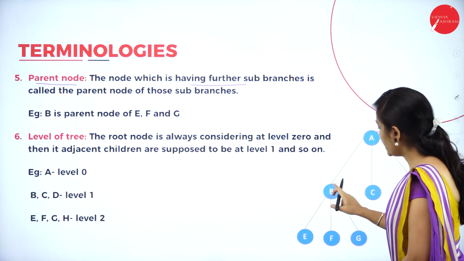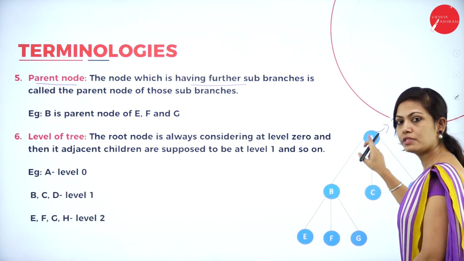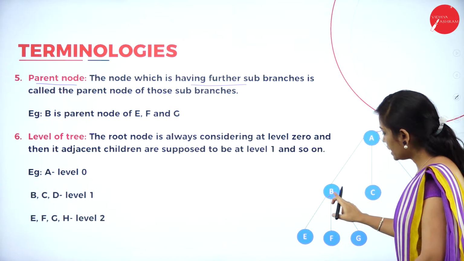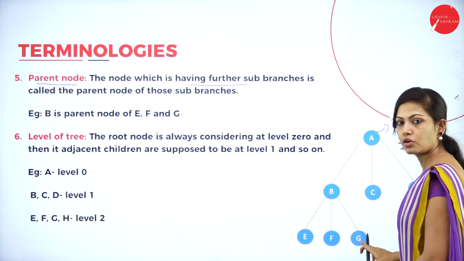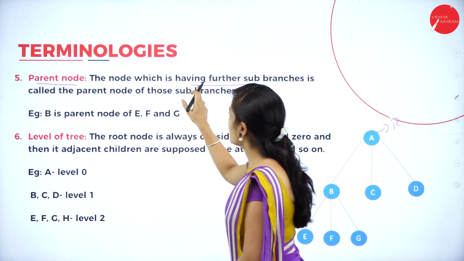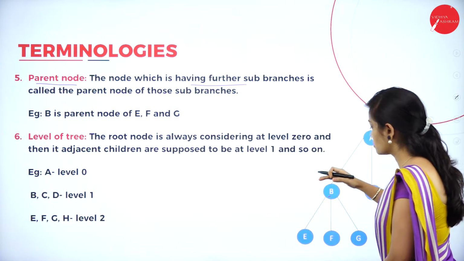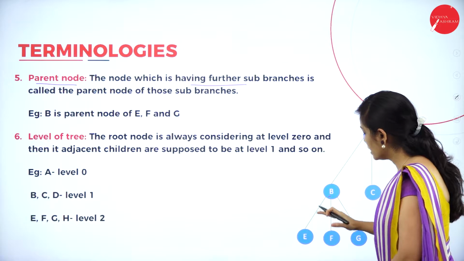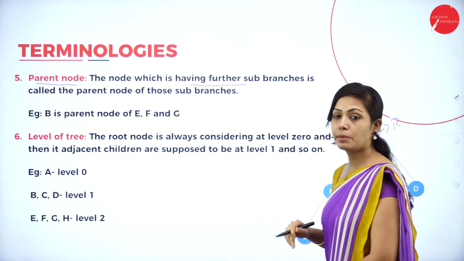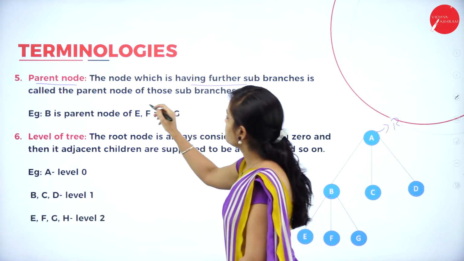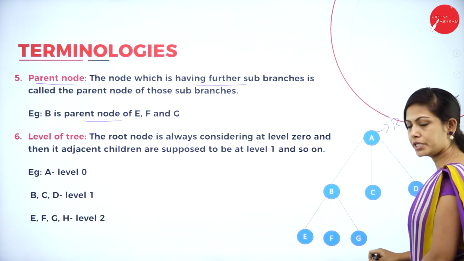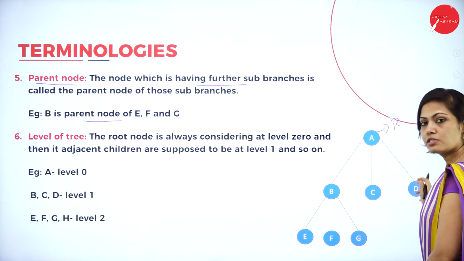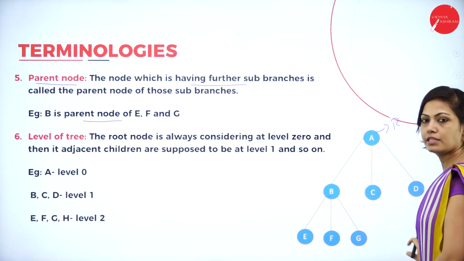And B is a child of A. And B is a parent of nodes E, F and G. Got it? So, example, B is the parent node of E, F, G. D has two nodes, so D is the parent of those other nodes.